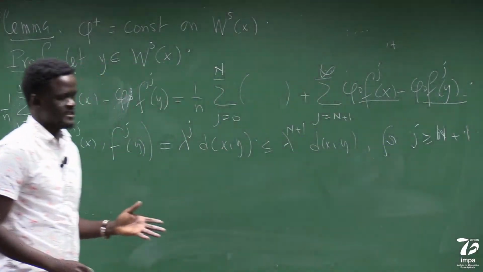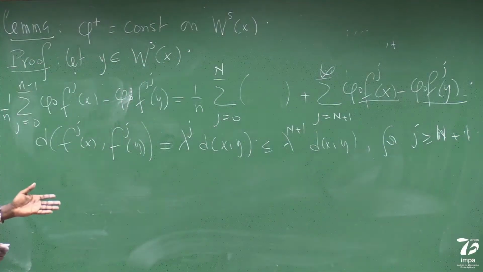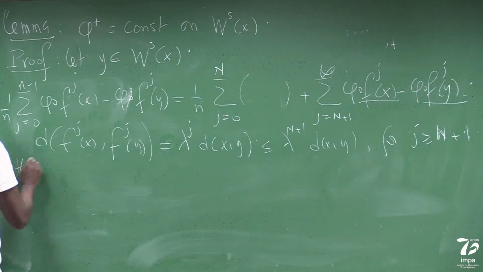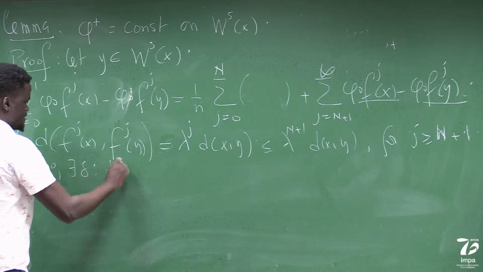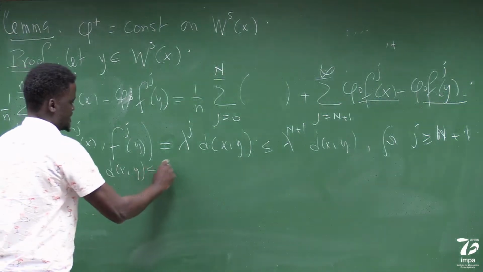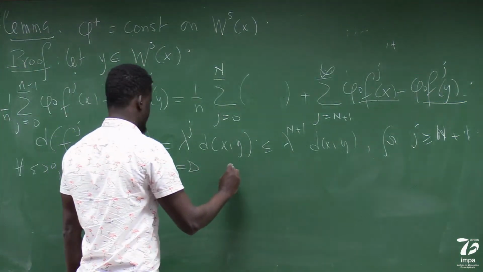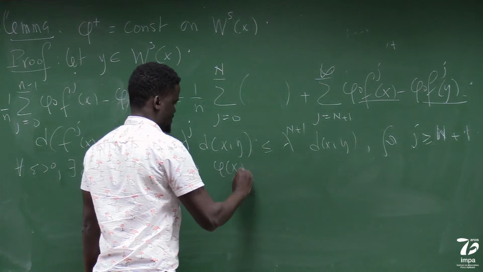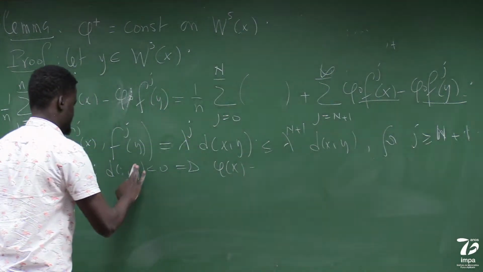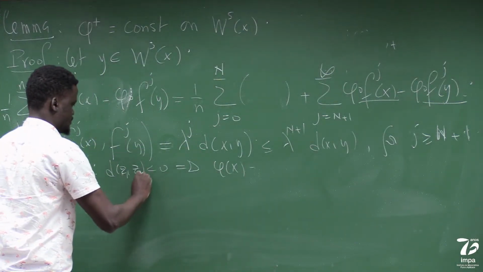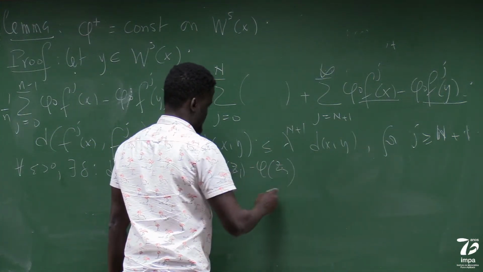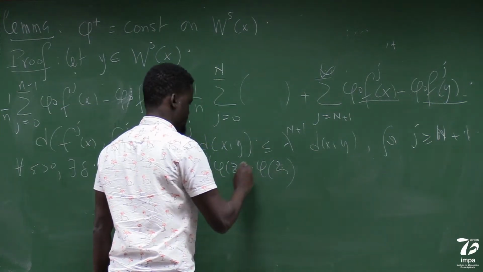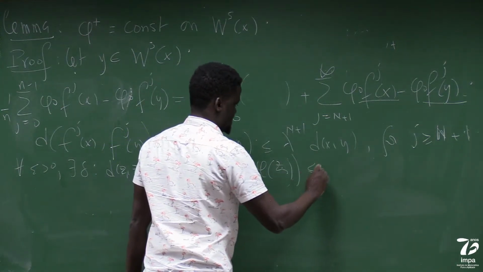And phi is continuous, and you are on a compact set, so it is uniformly continuous. That means that for every epsilon positive, there exists delta such that the distance between z1 and z2 less than delta implies that phi of z1 minus phi of z2 is less than epsilon.